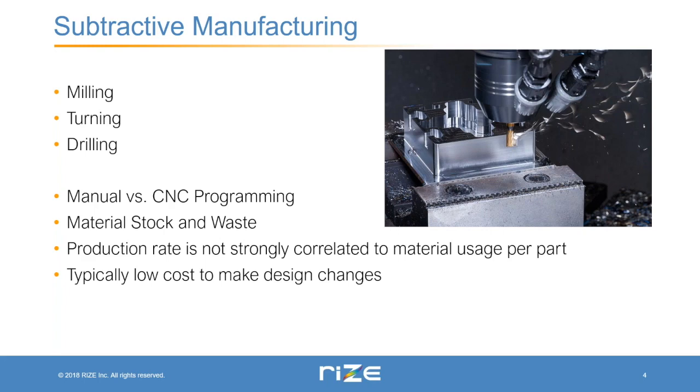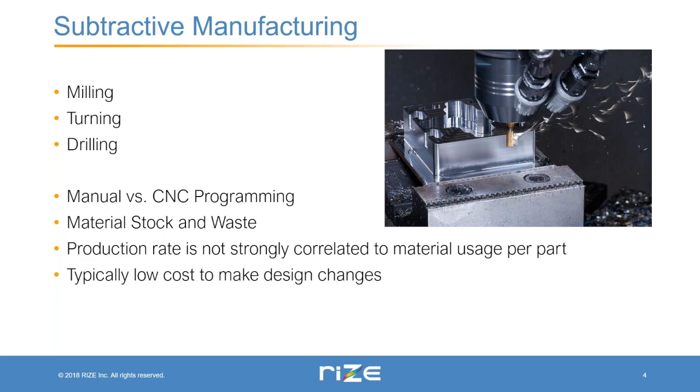So because of this relationship, the production rate is not strongly correlated to material usage per part. The production rate is more strongly related to the amount of material that needs to be removed and the amount of complexity in the different geometries of the part.